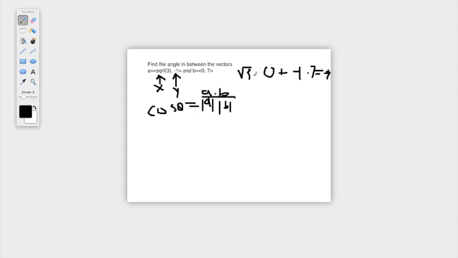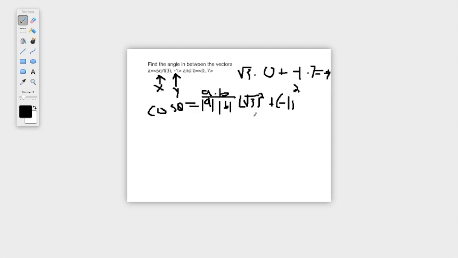Then we're going to find the magnitudes of A and B. For A, that's the square root of the square root of 3 squared plus negative 1 squared. The square root and the square cancel out, and negative 1 squared is 1.